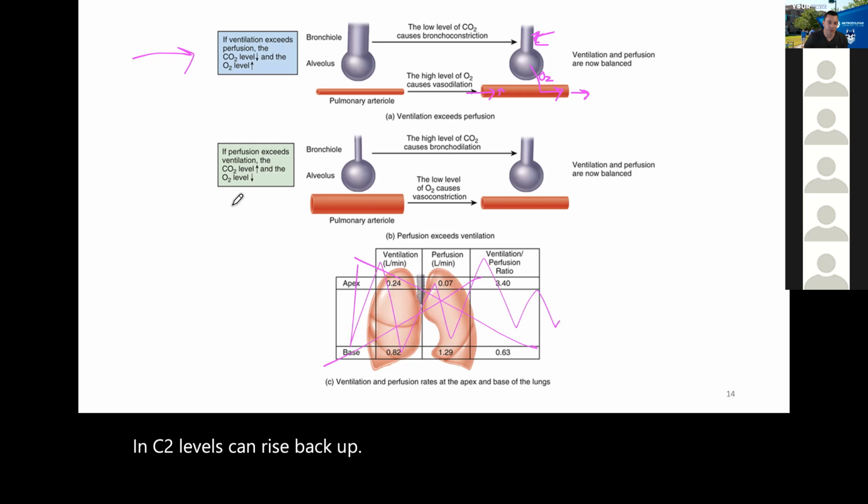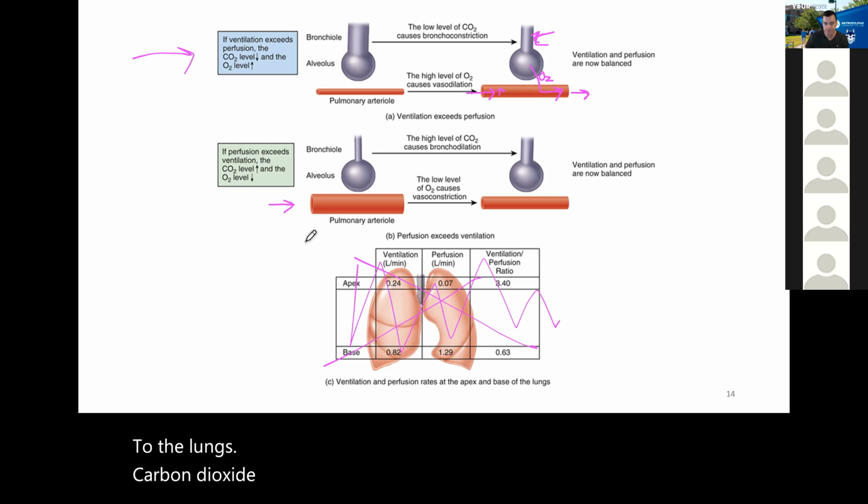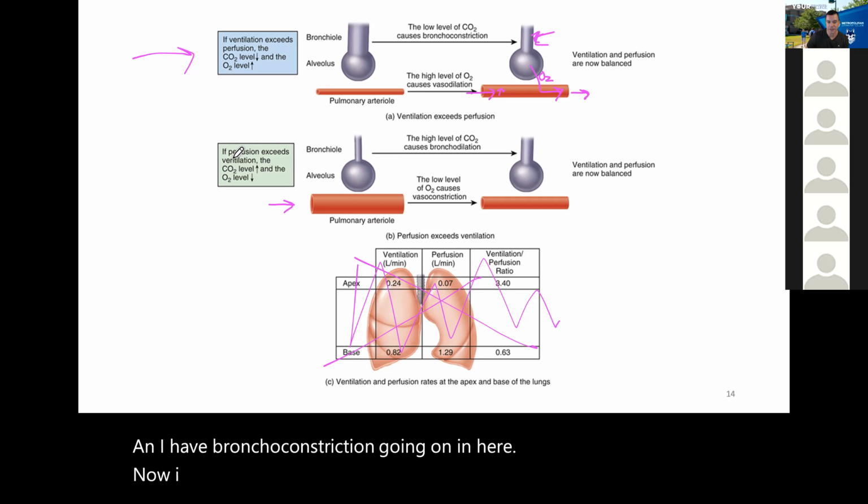If too much blood is being delivered to the lungs, carbon dioxide rich, oxygen poor, right? And I have bronchoconstriction going on in here. Now I have perfusion exceeding ventilation.